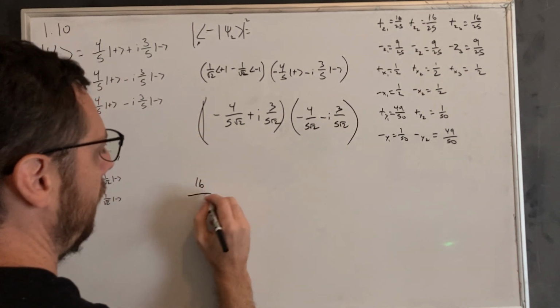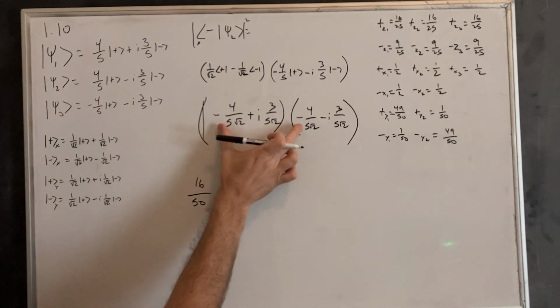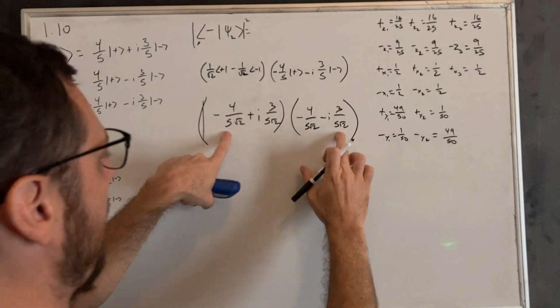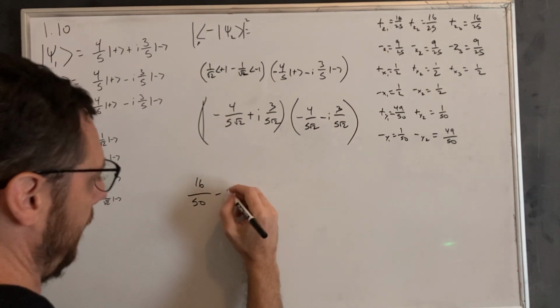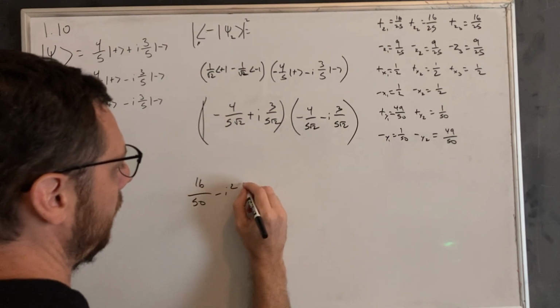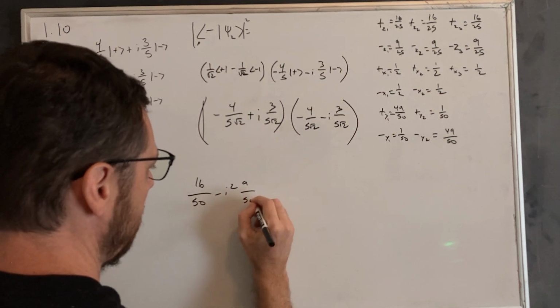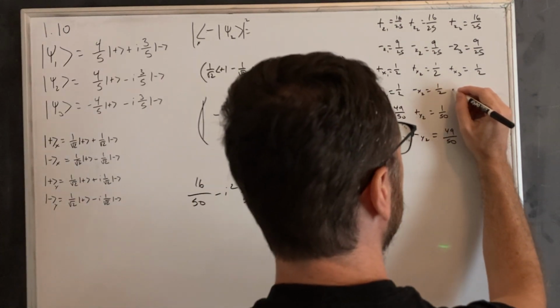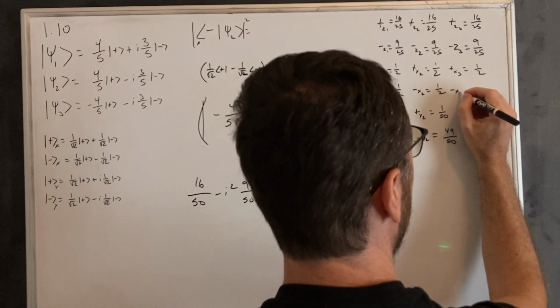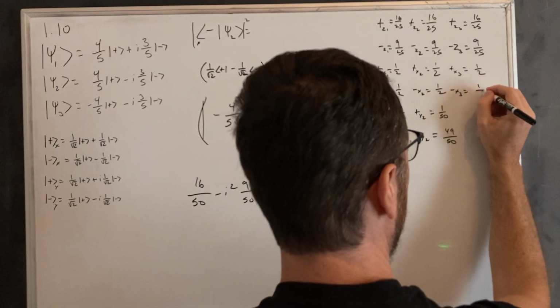So 16 over 50, the negatives cancel out. We know that our outer and inner terms are going to cancel out. And then we'll be left with, again, a negative i squared, 9 over 50. And again, we can see that this is 1/2 again. So down in the x for our state 3 is 1/2 chance.